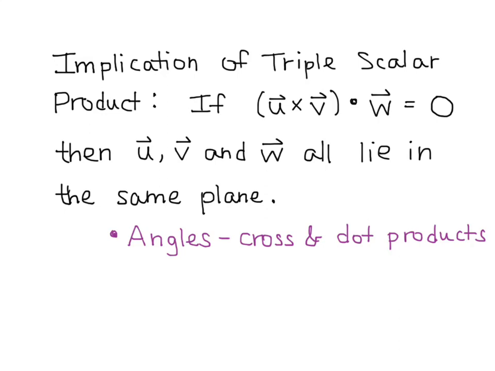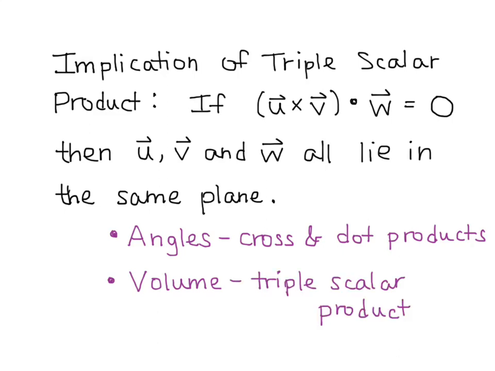The next way you can think about this implication is as the volume, because we know that the absolute value of this is the volume of a parallelepiped. What happens if the volume is 0? So think about the triple scalar product. As I said, we'll discuss this a little further in class, but that's something for you to think about in the meantime.